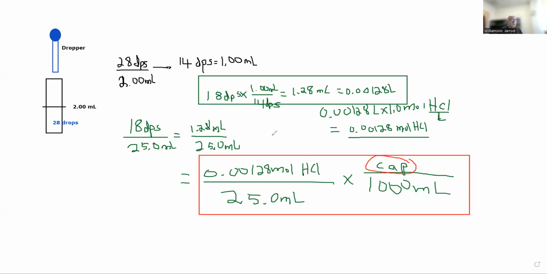You do the similar thing for the buffer capacity for a base, the exact same thing, just use the numbers that you got here. Again, these are sample numbers or illustration numbers. I'm not saying it'll take 28 drops to reach 2 mils. I'm not saying it'll take 18 drops to change the buffer by 1 pH unit, but you guys get the idea. Okay, then I hope that helps.